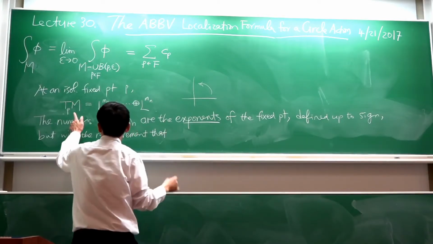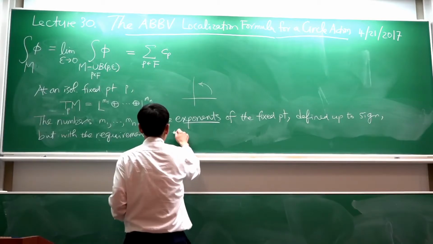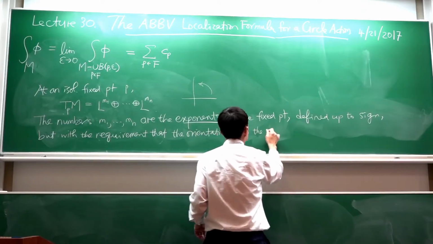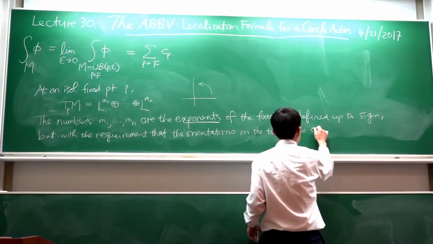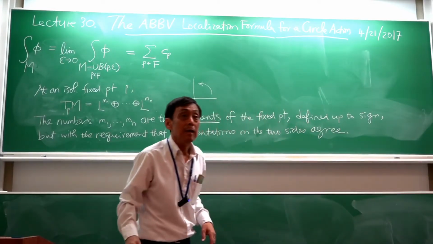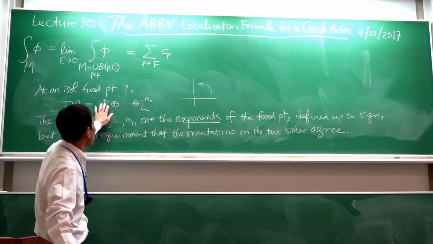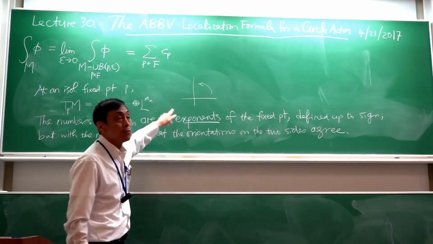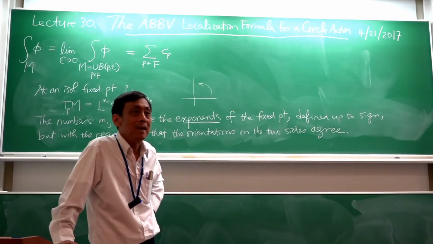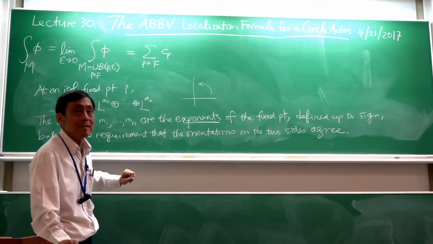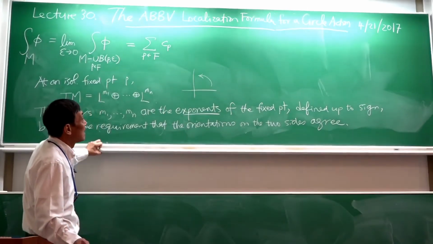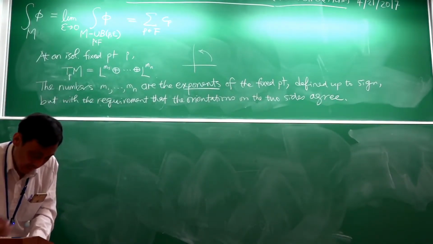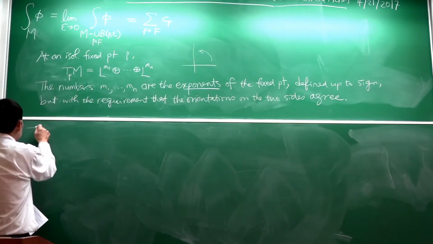So in other words, if you use all positive exponents and you find that the orientations don't agree, then you have to change one of the exponents to negative. And that's how you define the exponents at the fixed points. Okay, so then this is their formula.